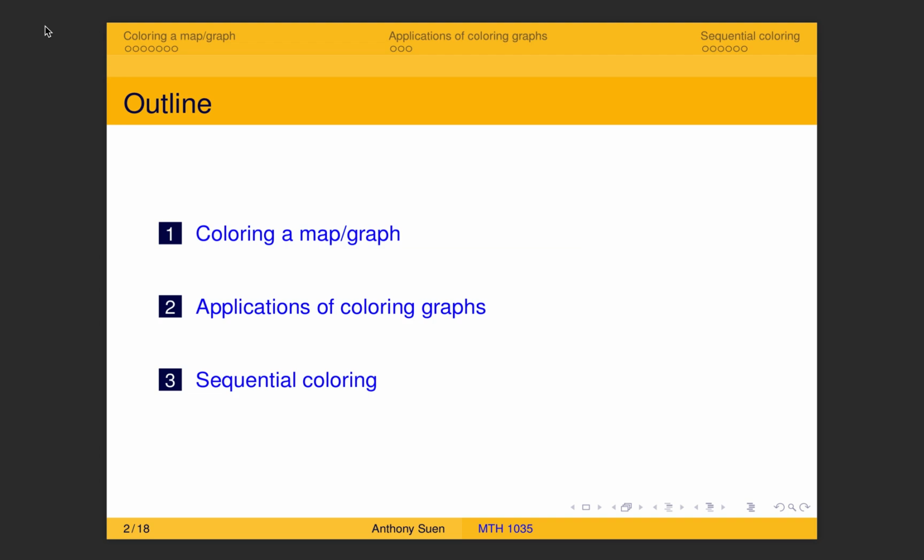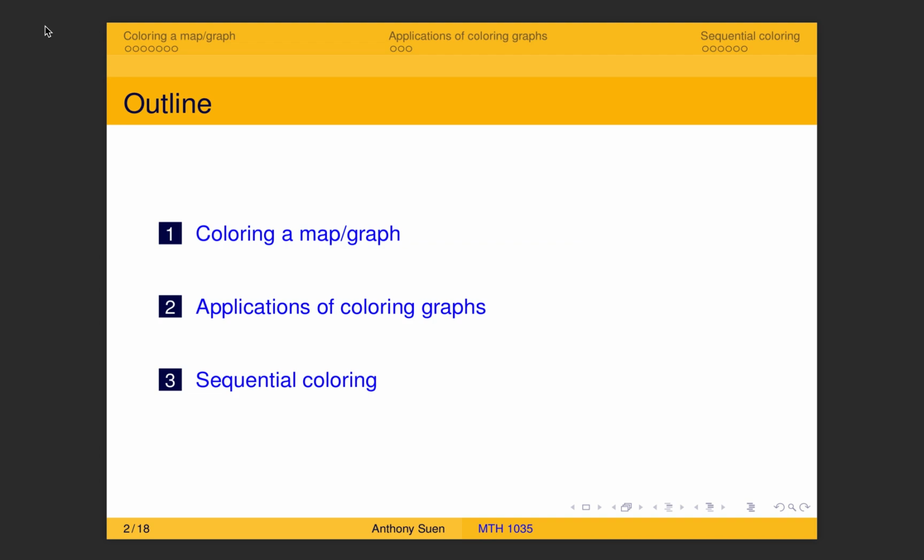And the second topic is about how we can apply it to some other problem. It's not just for coloring graphs. In fact, we can use this concept, or the theory, for some other problems, including finding some schedules.